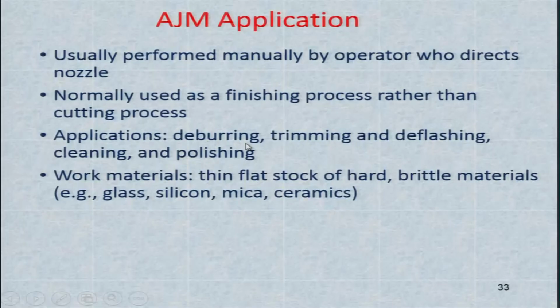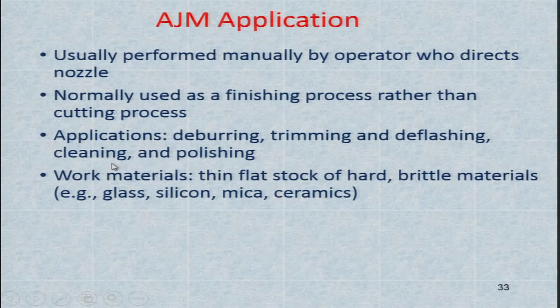Applications like deburring, so removing those burrs, trimming and deflashing. Deflashing is when you have the flash after the stamping operation, for example. That can be removed very easily and very effectively by abrasive jet machining.